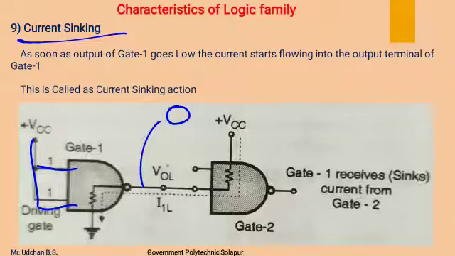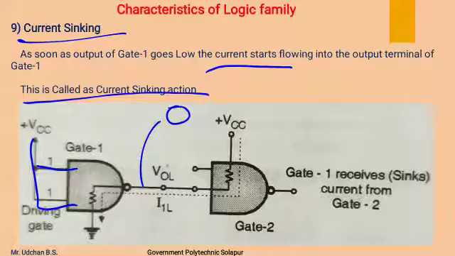So as the output terminal of gate 1 is at lower potential, and as we know current flows from higher potential to lower potential, the current starts flowing into the output terminal of gate 1. This is called the current sinking action.